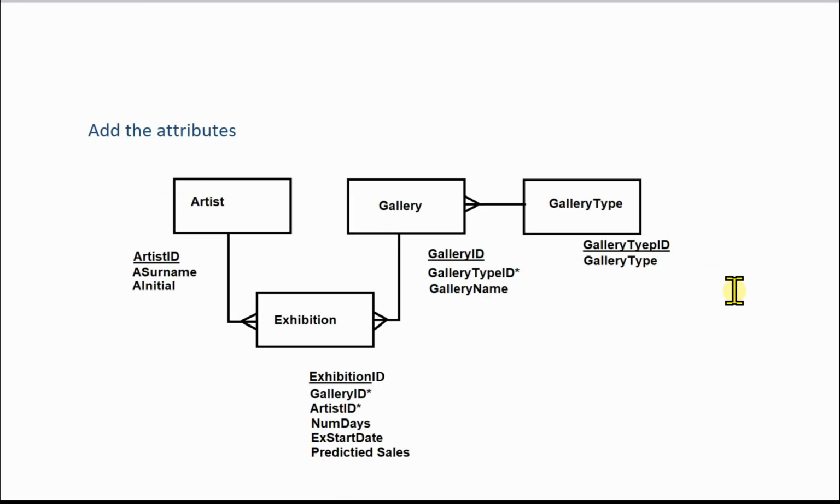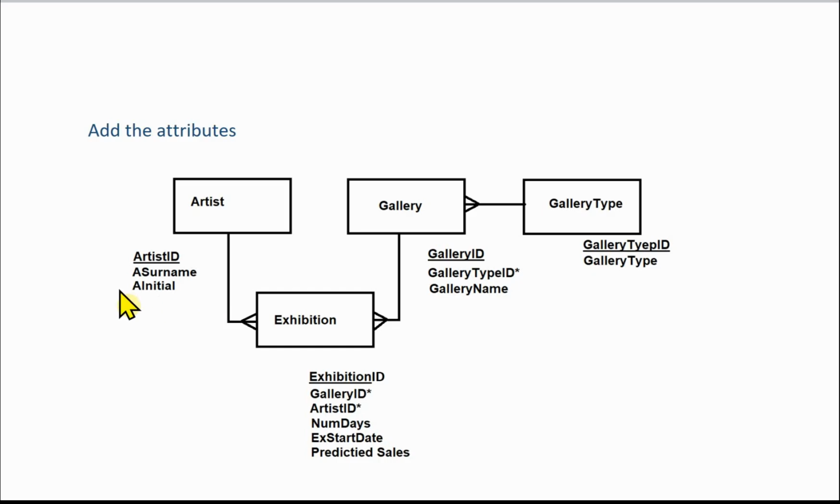We then take each attribute and decide which best entity it's placed with, or which primary key it is dependent on. So in gallery type, we've got that commercial or combo, the gallery type, that's dependent on gallery type ID. I've called it gallery name in the data, it's just called gallery, but the gallery name is dependent on the gallery ID.